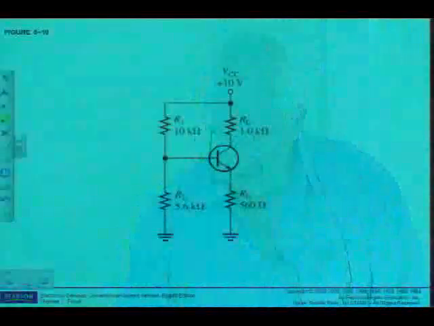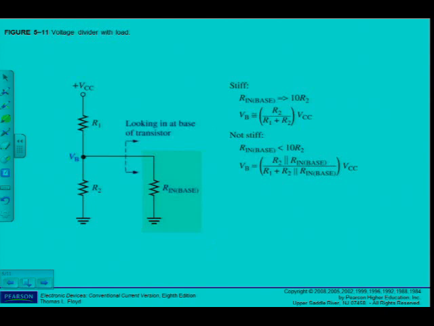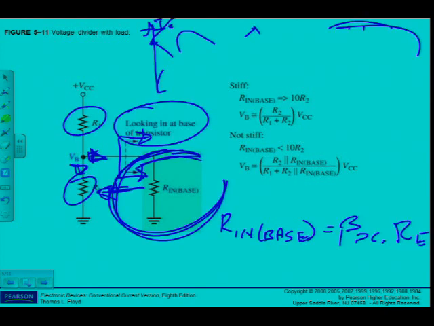Remember, I'm looking here at this input resistance. Here's my voltage divider. And where's the other resistance that is in parallel with R2? It's this resistance as I'm looking in here. And I calculate it by the value of beta DC and RE. That is what determines the input resistance as we've just seen. So that's my input resistance.